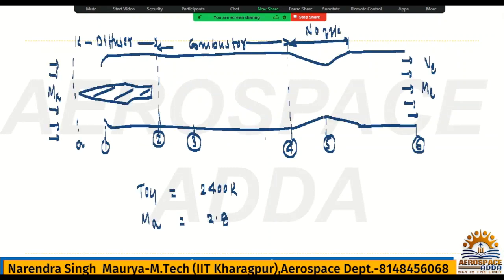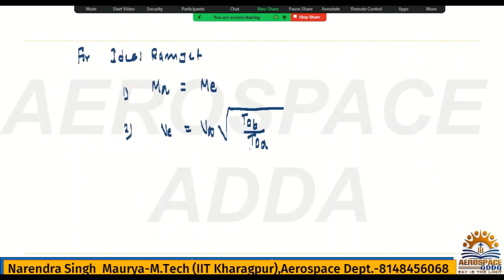What was T naught 6? This we have proved already. T naught 6 is the total temperature at the exit, and T naught A is the total temperature at the inlet. We had proved this, or the same thing we had said, that velocity we can take in terms of static temperature also.